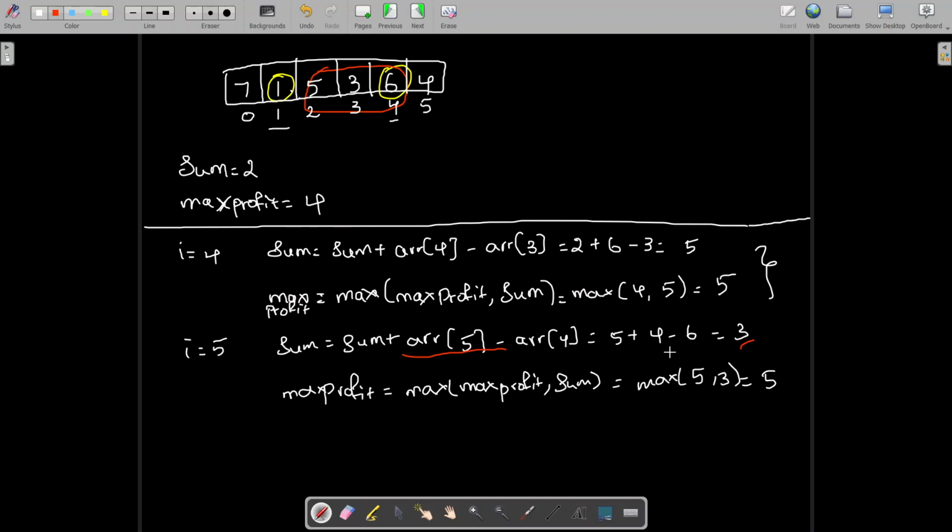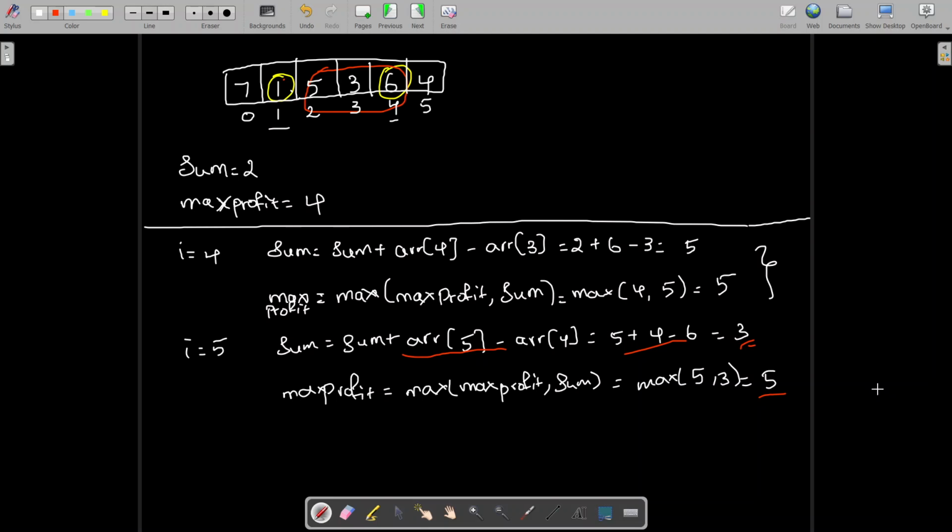After expanding this formula, we have kept these values and got 3. So I will update the maximum profit; it stays 5, since 3 is not a maximum profit. So buying on day 1 and selling on day 4 gives the maximum profit.